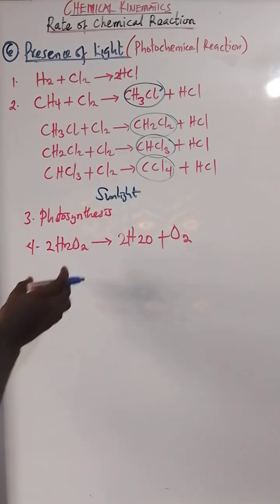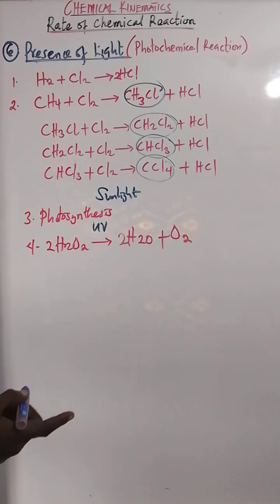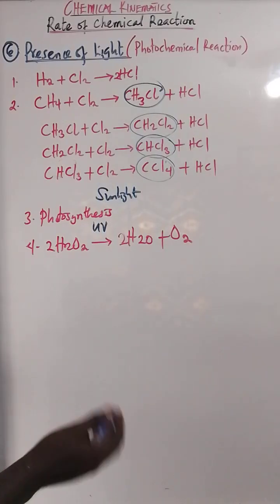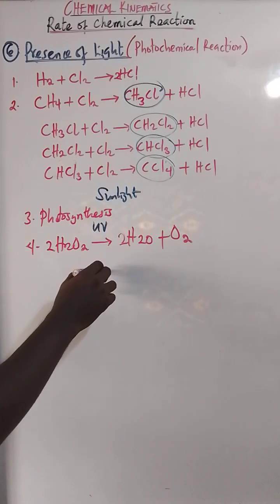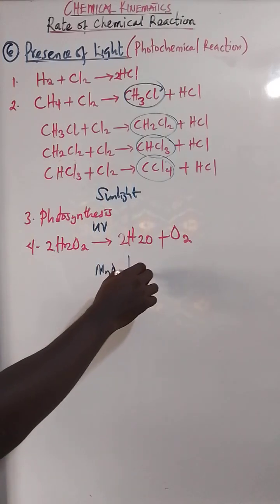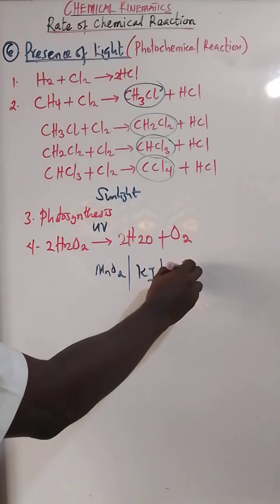So for this to decompose, we need light, or we can also use catalyst. So to speed up the rate at which it decomposes. So to use catalyst, we either use manganese oxide, or we can also use potassium iodide, or we can use catalyst enzyme. So this catalyst enzyme is found in living organisms.